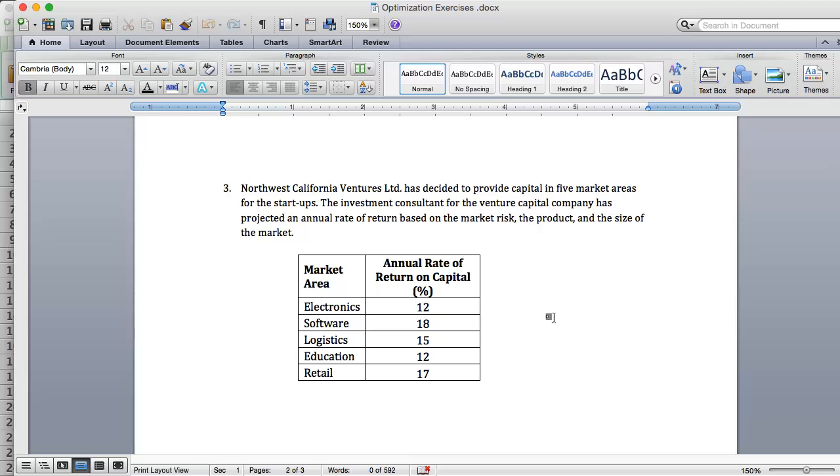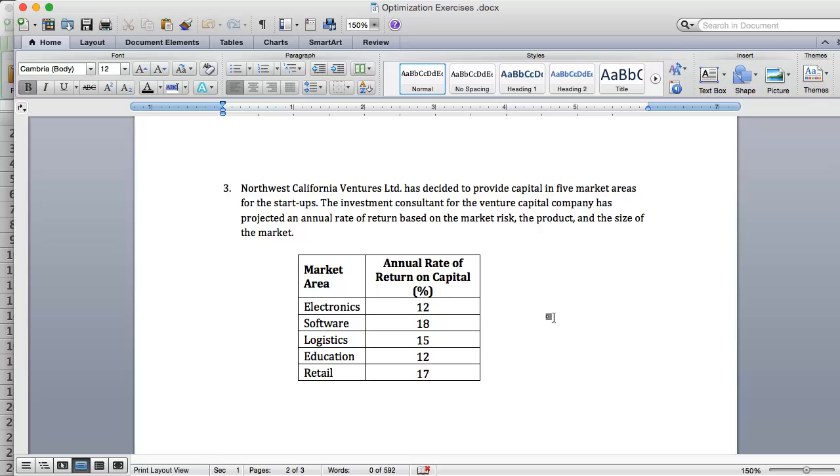Let's look at one more example. In this example, we are given the annual rate of return on different investment options, different areas of the market. The 12% return on electronics, 18% on software, 15% in logistics, 12% education, and 17% from retail.